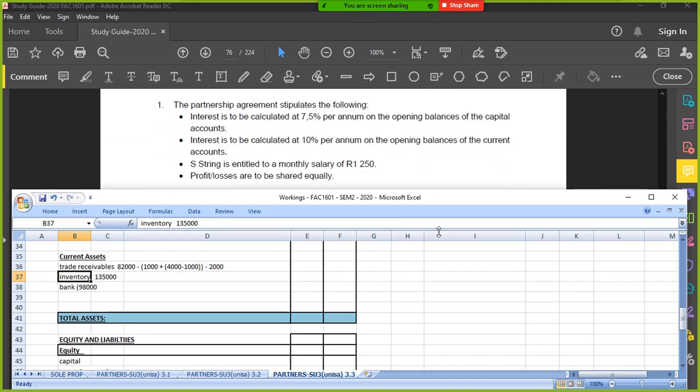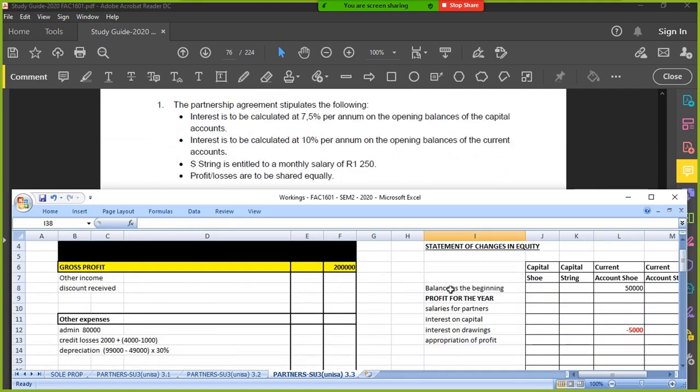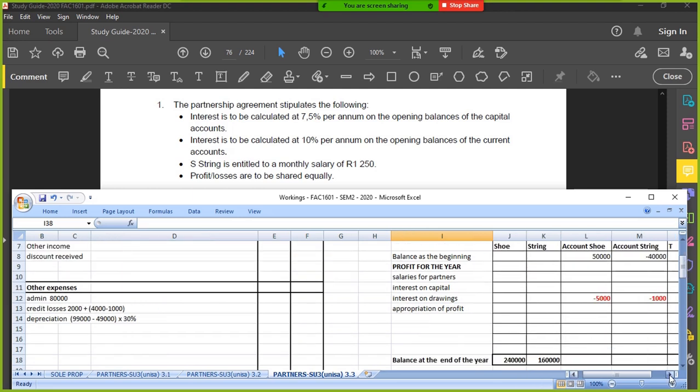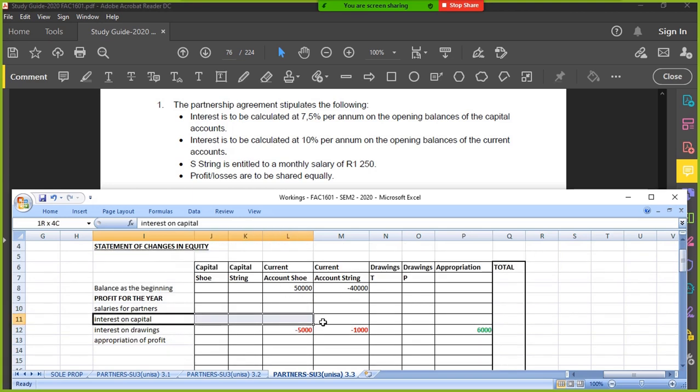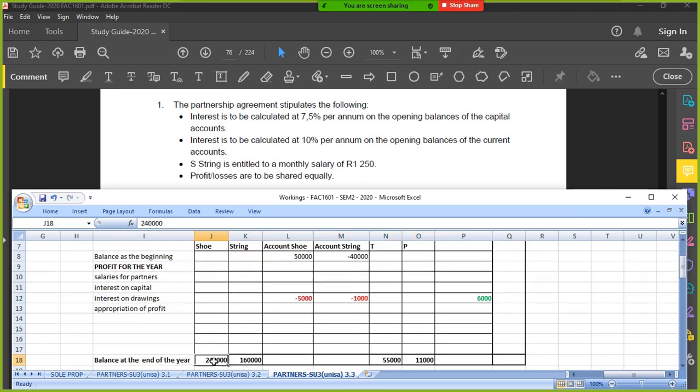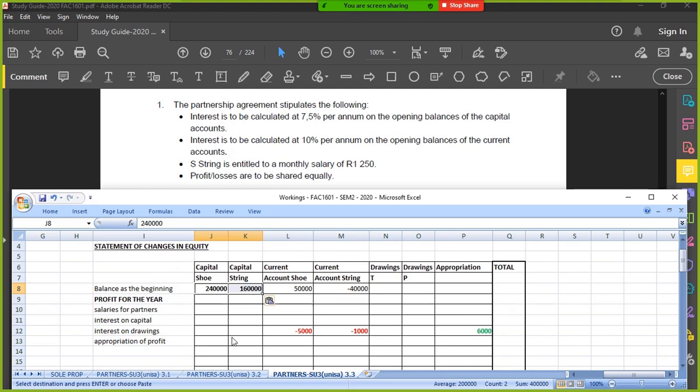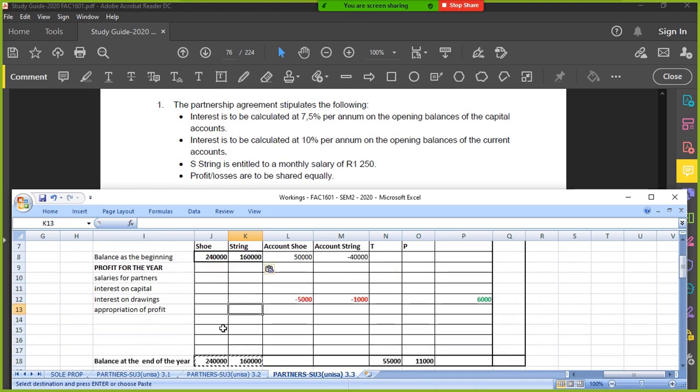Yes. Okay. The partnership stipulates the following. Interest is to be calculated at 7.5% per annum on the opening balances of the capital accounts. Okay. So interest on capital, I'd say, for shoe, what was her amount? 240,000. Okay, remember those amounts won't change because they didn't talk about a change in the balances.